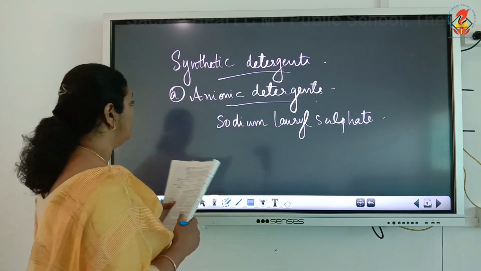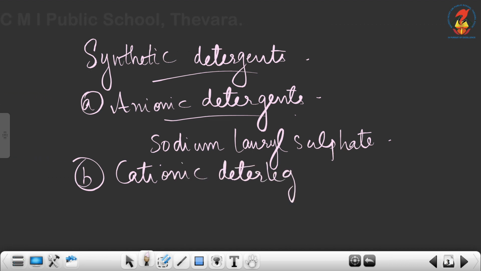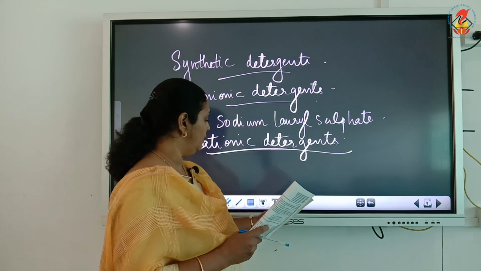Now the second type of synthetic detergent is cationic detergents. Here the cation part is involved in cleansing action. Now what are cationic detergents?